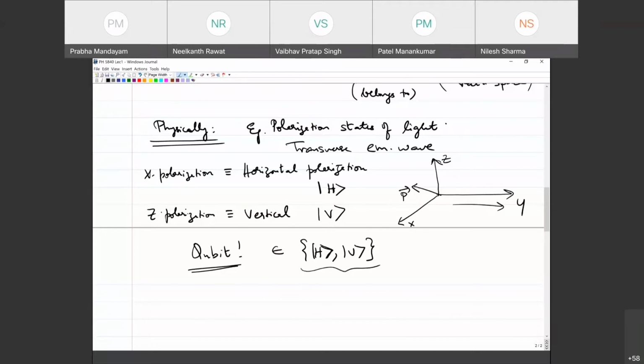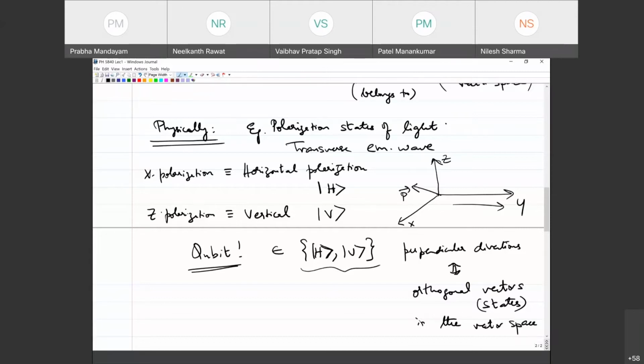So this terminology of so-called perpendicular directions, in this case, will translate to orthogonal vectors or orthogonal states in the vector space. I'm making a very loose association now. This will be formalized in subsequent lectures, but this idea of orthogonal vectors becomes very important here.